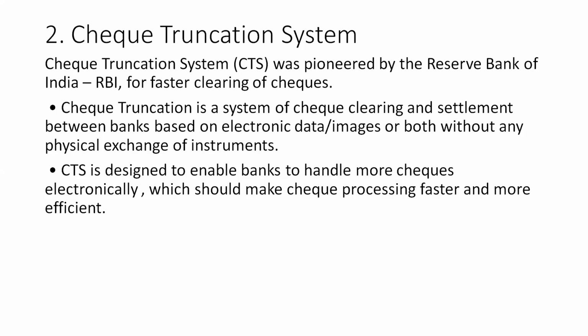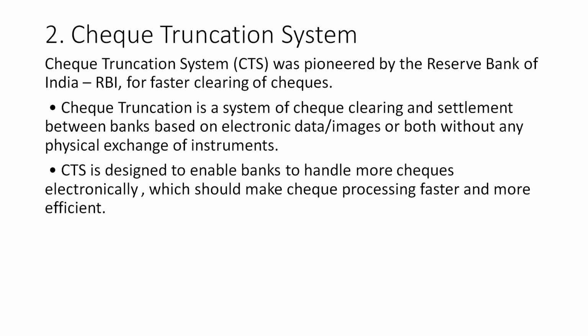Now, through this check truncation system, some banks come together and create a common hub. In this truncation system, when a check is received by the branch, it need not be physically sent to the original branch where the transaction is.